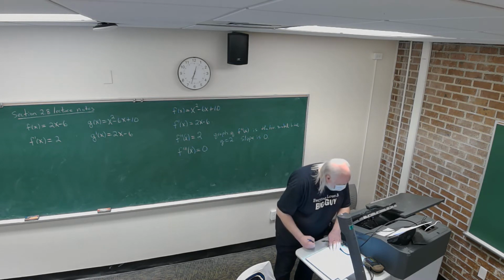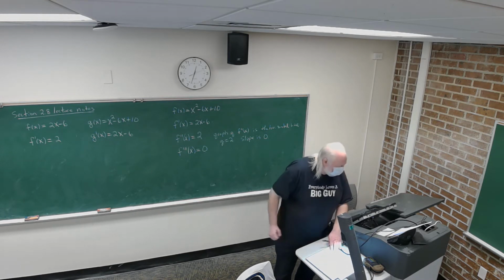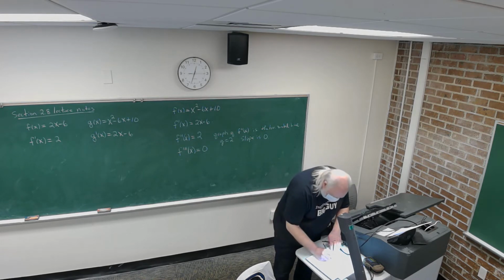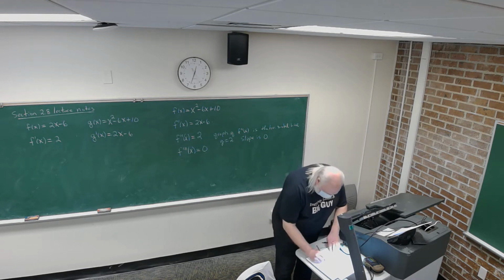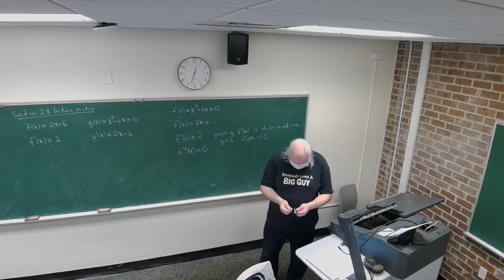Okay? We have f, right, so this represents the nth derivative of f of x. And this is the nth derivative of y with respect to x. And then this is another way of writing the nth derivative of y. Okay.